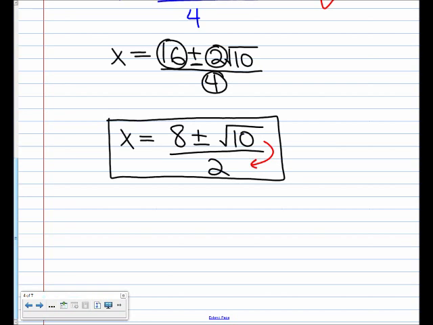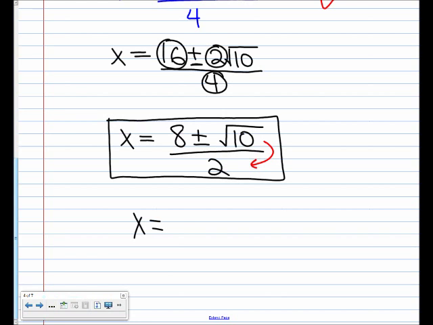So if you were to take your calculator and do 8 plus the square root of 10 and then divide that by 2, you would get 5.581. So that's one of them. X equals 5.581. If I did the other one, 8 minus the square root of 10 and divide that by 2, you would get the other one, which is 2.419.